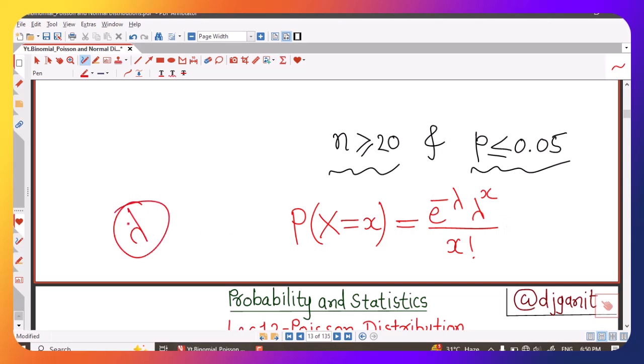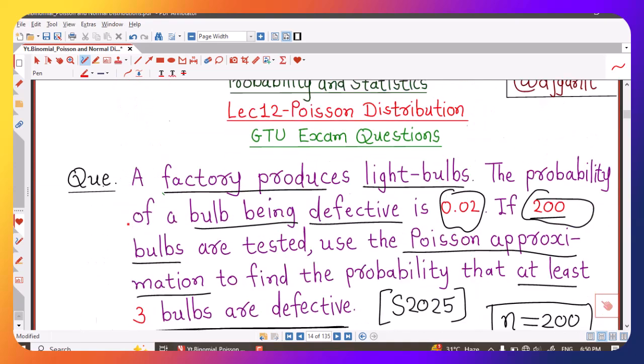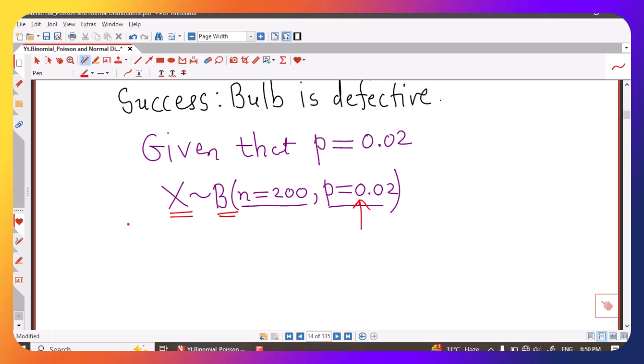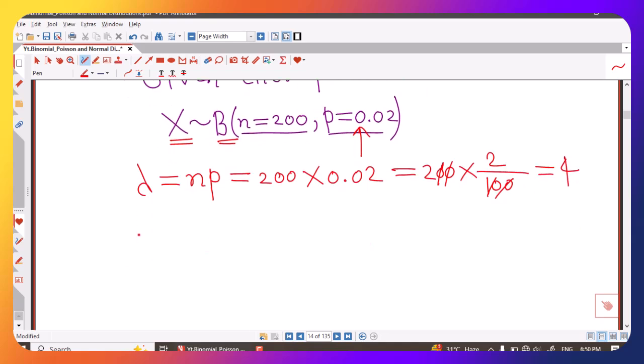Here lambda is nothing but average number of defective bulbs, and that we can find by taking multiplication of number of trials with probability of success. So this turns out to be 200 multiplied by 0.02. This we can simplify as 0.02, that is 2 divided by 100, so here this 100 will get cancelled and we have lambda equal to 4.